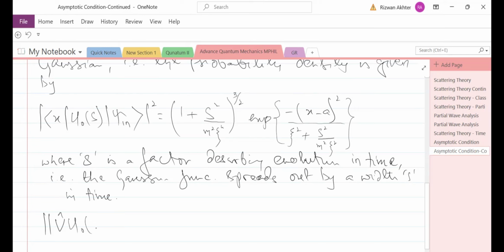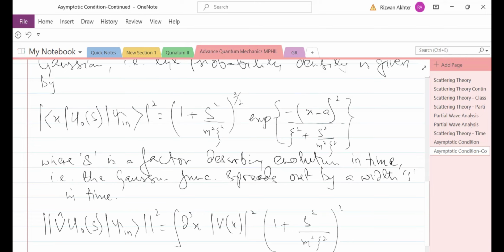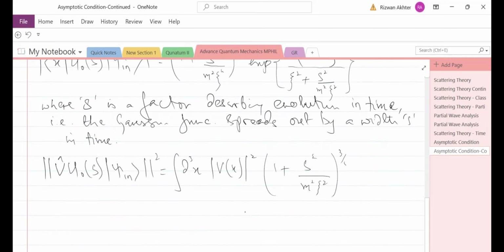If you remember from last time, V u of s psi in whole square is equal to the integral d3x of V of x square times (1 plus s square upon m square xi square) to the power 3 by 2, and the exponential function of minus (x minus a) whole square upon xi square plus s square upon m square xi square, this quantity.